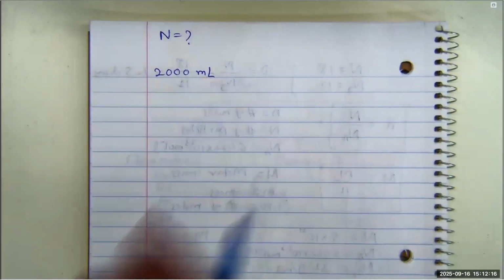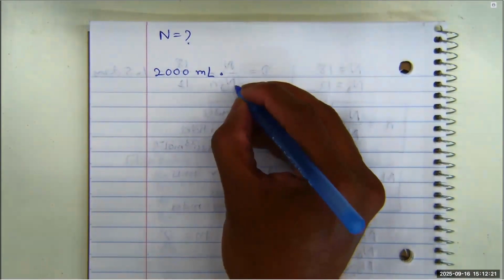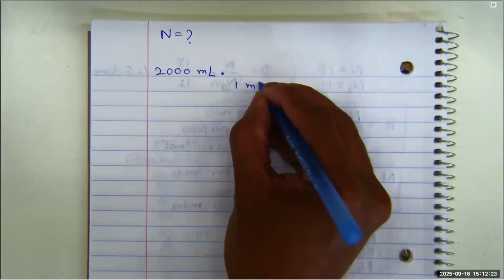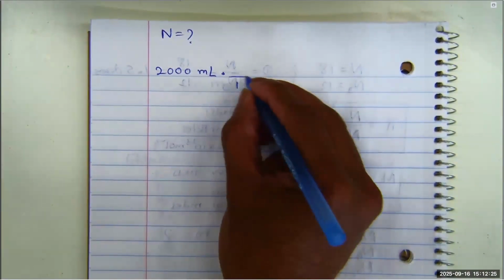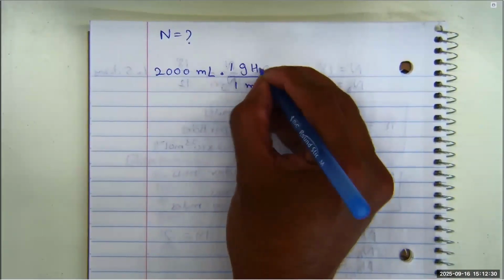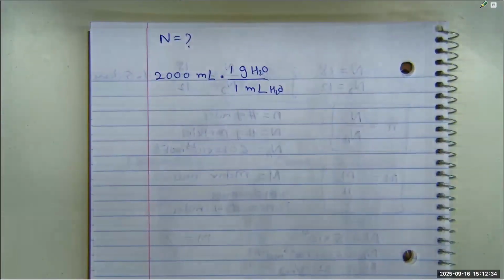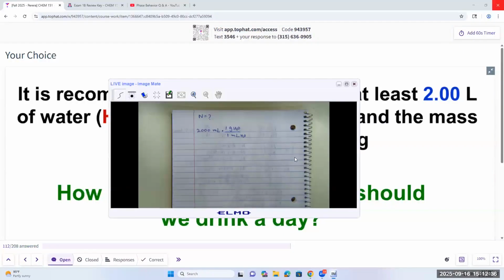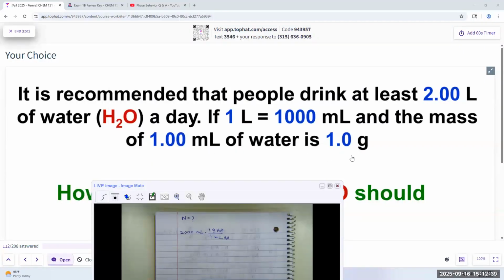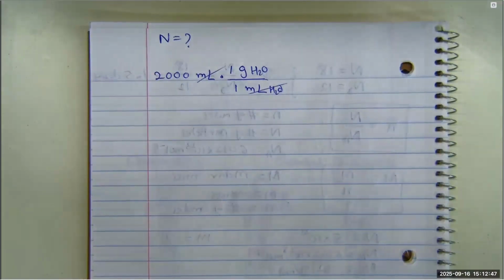I don't want milliliters, so I want to cancel it out. So I'm going to divide this by milliliters. I know 1 milliliter of water, according to the question, contains 1 gram of H2O. So 1 milliliter of H2O is 1 gram of H2O. I just used that to cancel out milliliters.